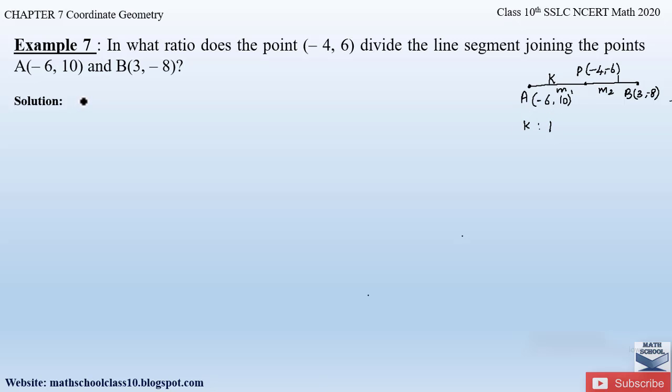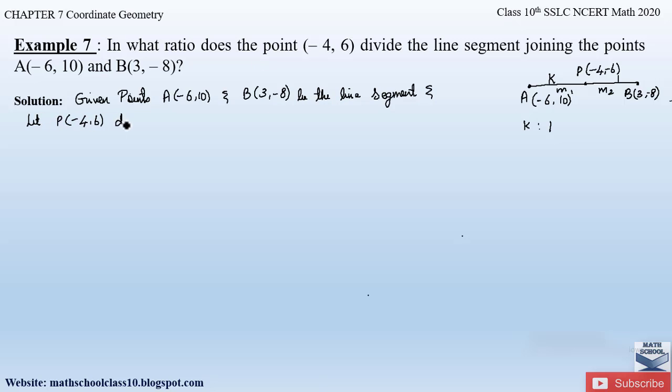First let us write down, given the points, that is point A -6, 10 and point B given as 3, -8 be the line segment, and let point P given as -4, 6 divide the line segment AB in the ratio K is to 1. So let us first write down the section formula here.